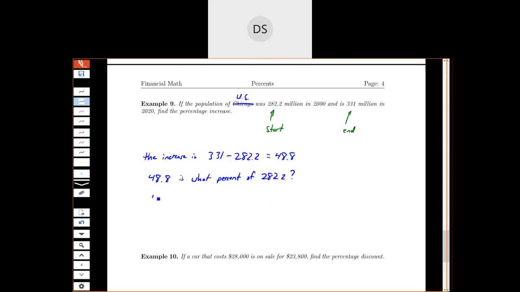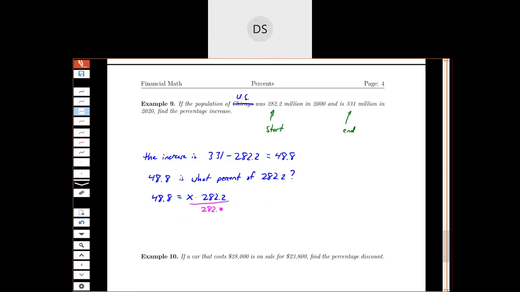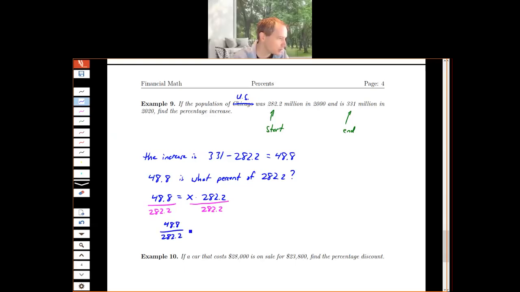So 48.8 equals X times 282.2. Divide. So we get 48.8 divided by 282.2 equals X. Okay. And when I divide those, I get 0.1729270021.